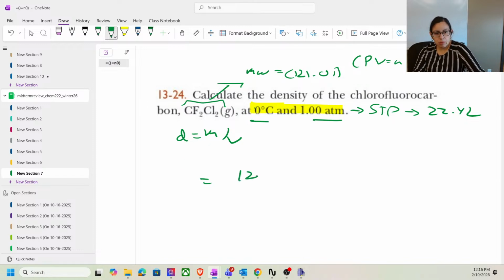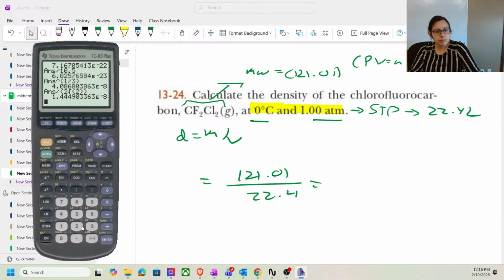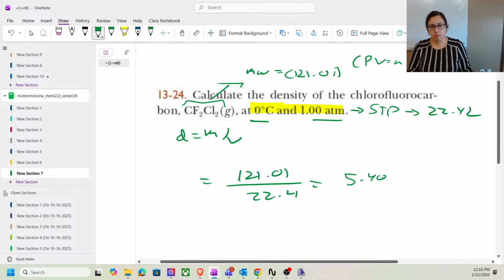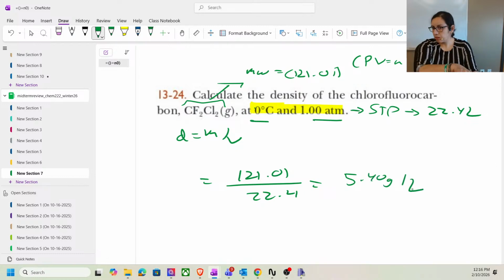So mass, 121.01, divided by our volume, again assuming STP conditions. And so that gives us 5.4 grams per liter for our density. Okay, sound good?